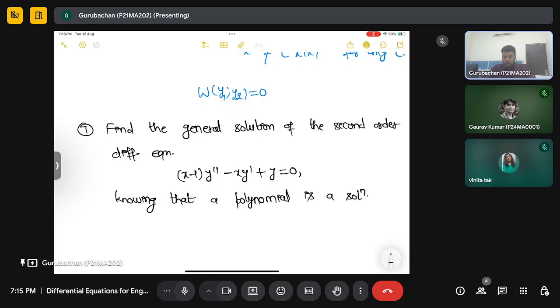So we need to guess what is the exact polynomial which satisfies this equation. Then we can apply the approach that we have learned from the lecture. So try this one, like try first which polynomial satisfies this differential equation. Then only you can get to the other solution.